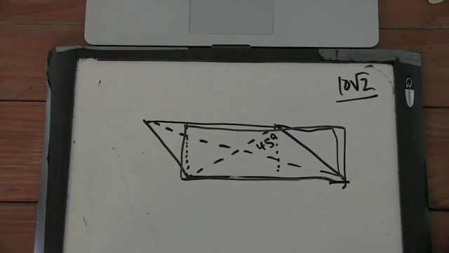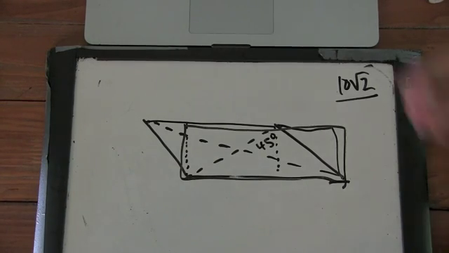This is definitely a challenging question. It's a parallelogram with diagonals of 5 and 8, and they make a 45-degree angle when they intersect with each other.